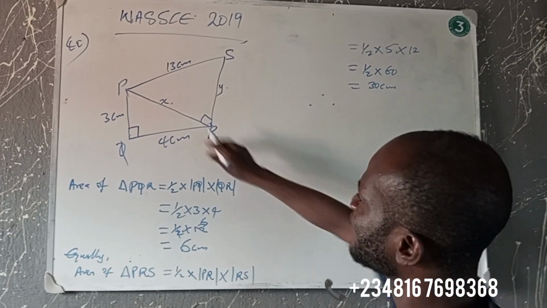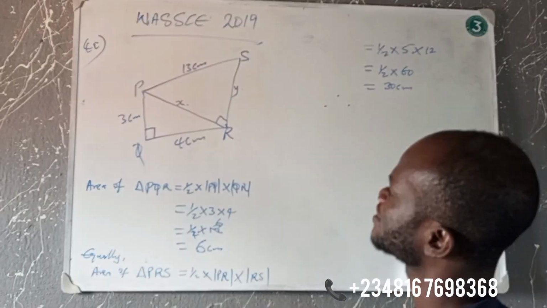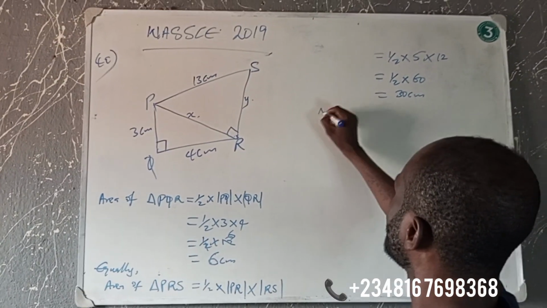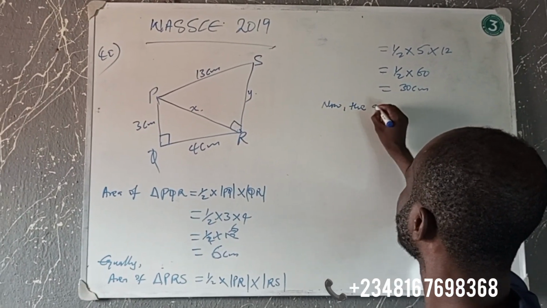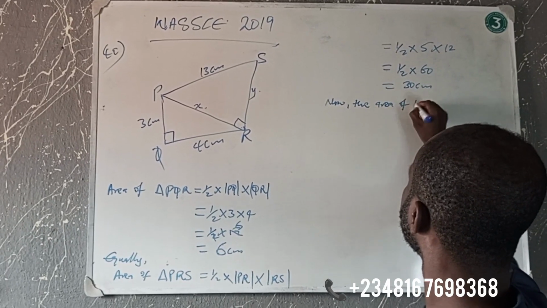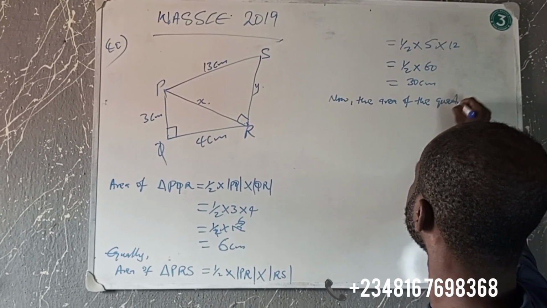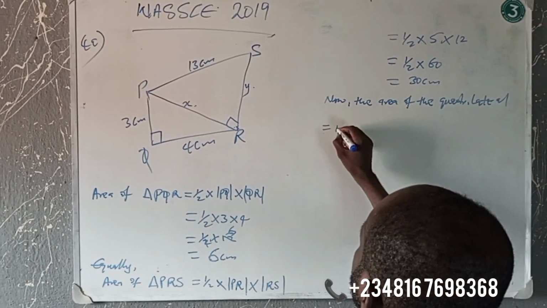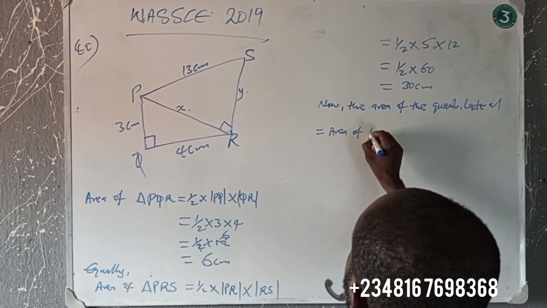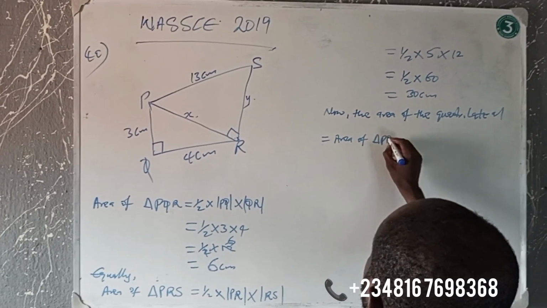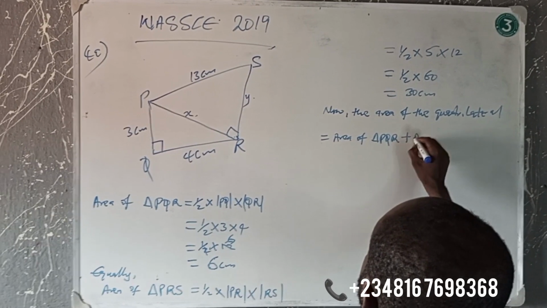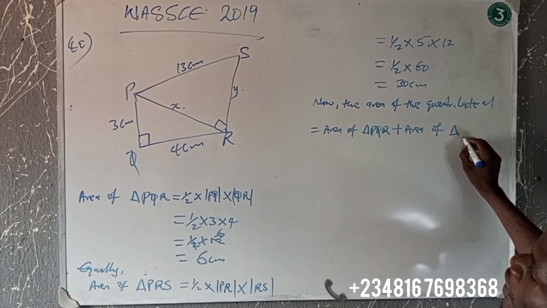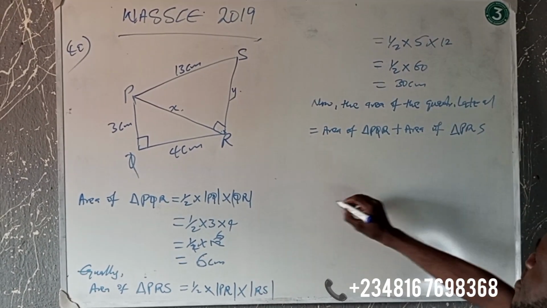Now, that is to say that the area of this whole shape is the area of this, as I've explained before, plus the area of this. Now, the area of the quadrilateral equals area of triangle PQR plus area of triangle PRS.